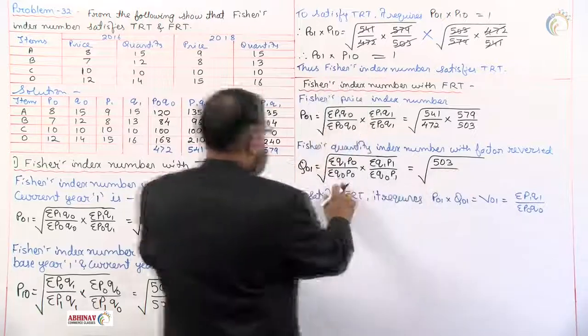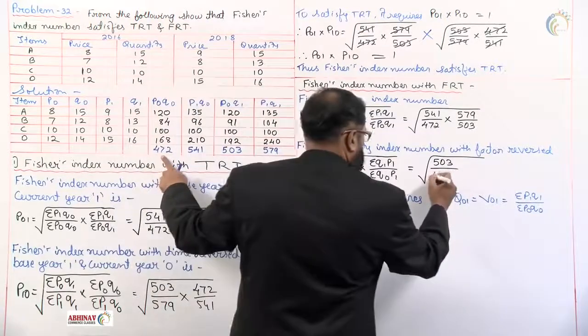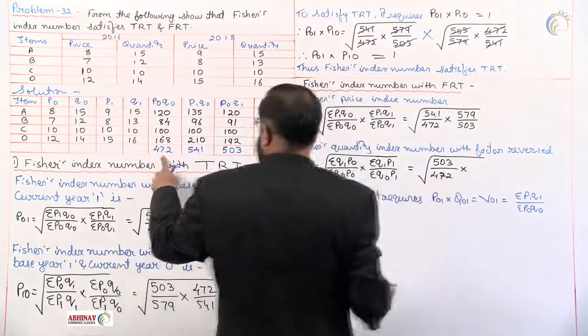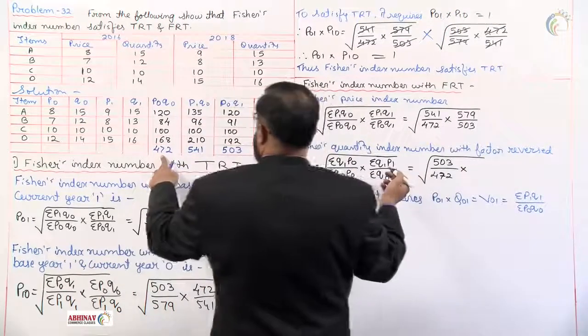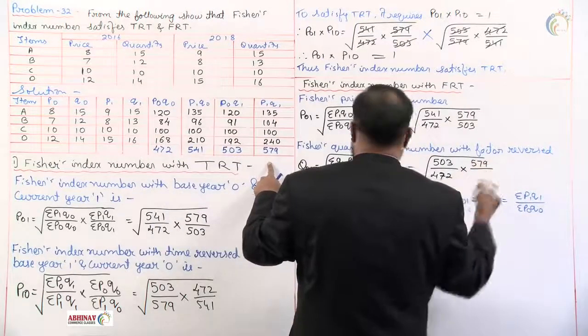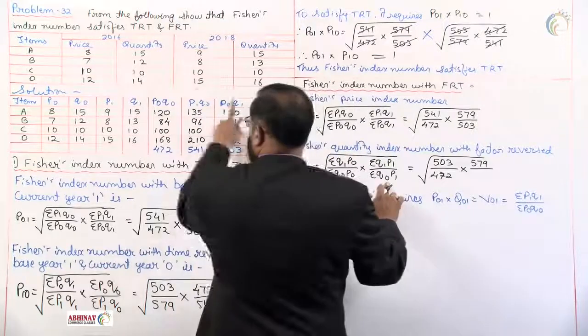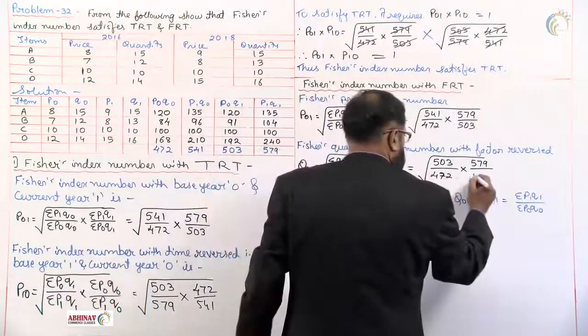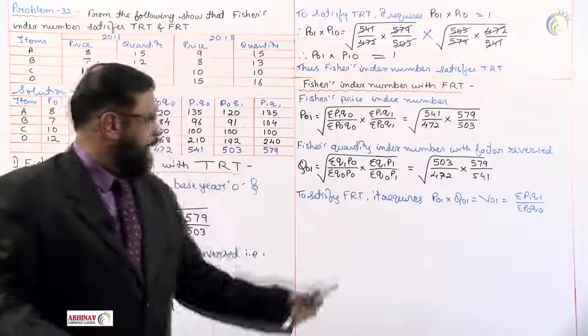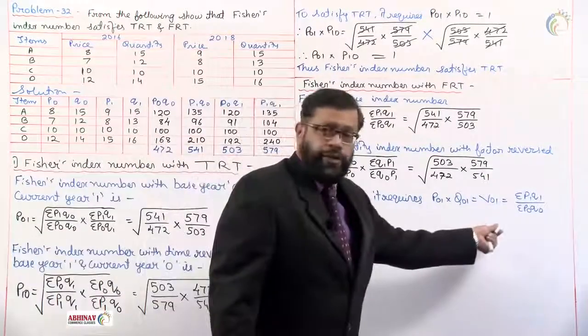This divided by Q0 P0, 472, into P1 Q1, that is Q1 P1, 579. This divided by Q0 P1, 541. We'll multiply that, and after multiplying, this is what should remain.